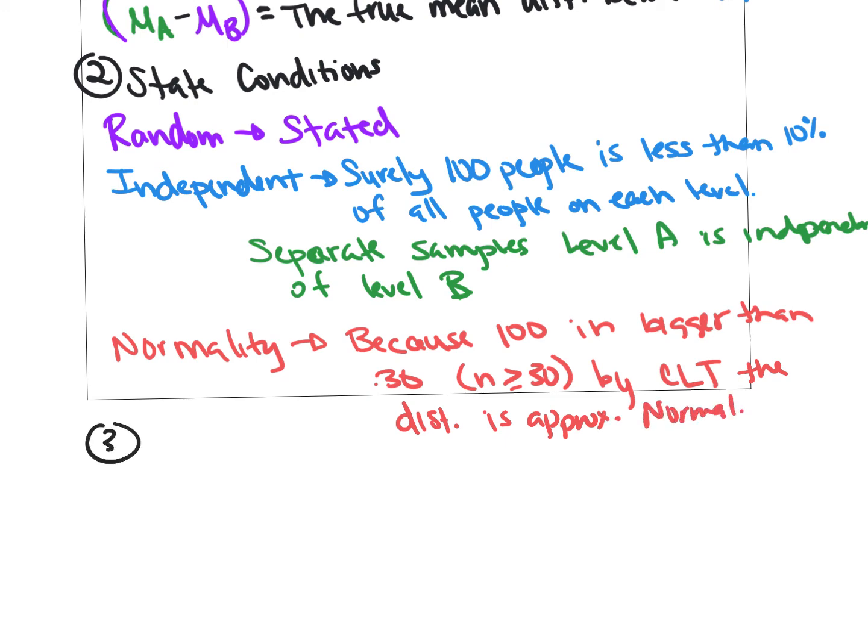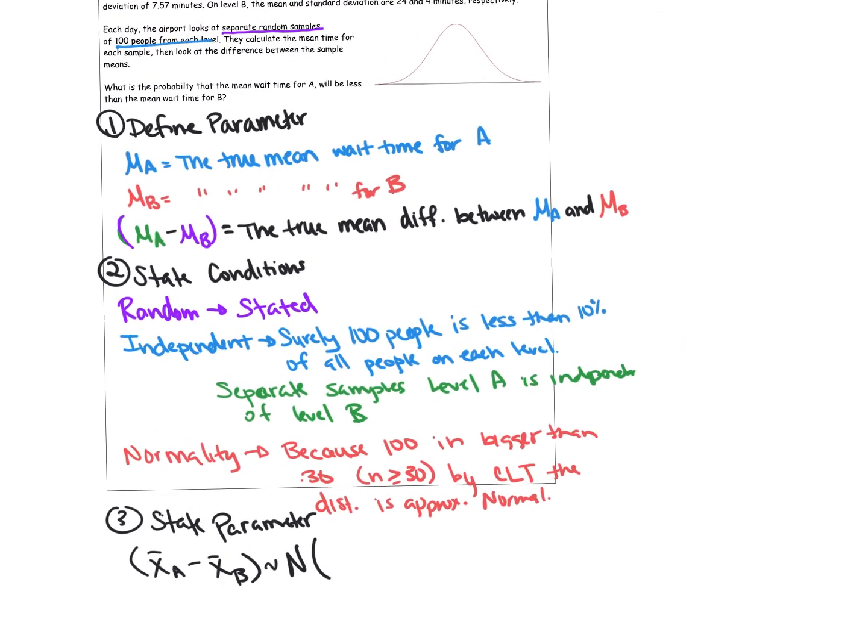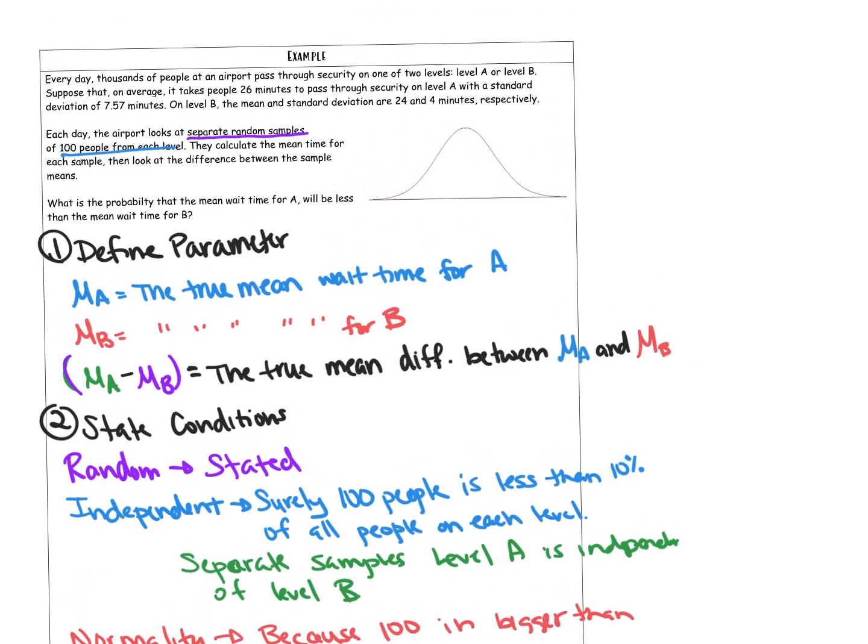The third thing, you need to state the actual parameter. So in step one, we define the parameter. Here we're going to state the parameter. And remember, our parameter here is x bar A minus x bar B. That is the parameter for the sample. It follows a normal distribution with a mean equal to the difference between the two populations.